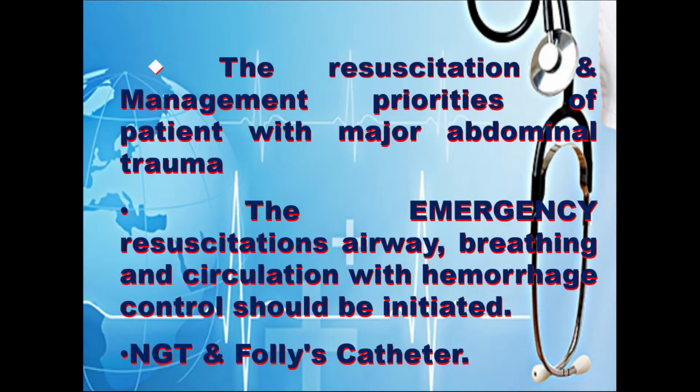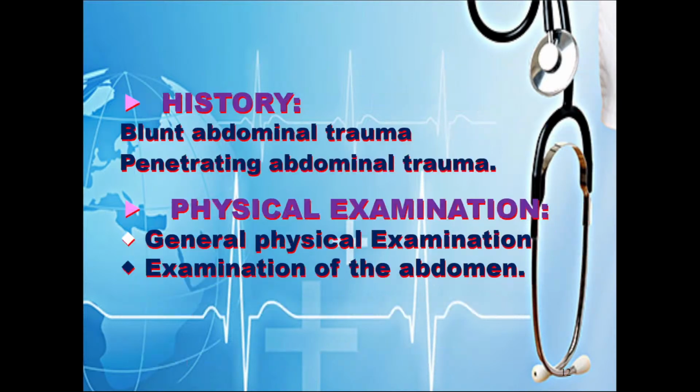NGT and Foley catheter, so nasogastric tube and Foley catheter, should be inserted, and an intravenous catheter as well. Maybe it will be more important than these two, NGT and Foley.